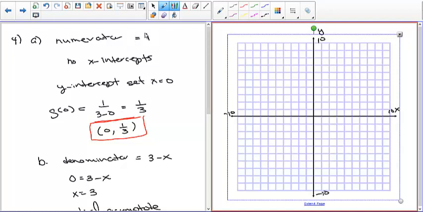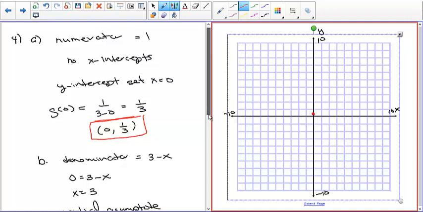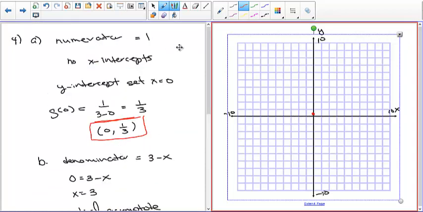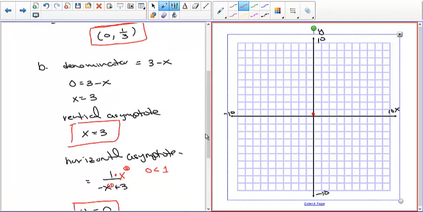The numerator never went to 0, so we didn't have any x-intercepts. But we did have a y-intercept, x equals 0, y equals a third, which is going to be right there. Let's put a little red dot. Then we have a vertical asymptote at x equals 3, so we're going to draw a vertical line at 3.